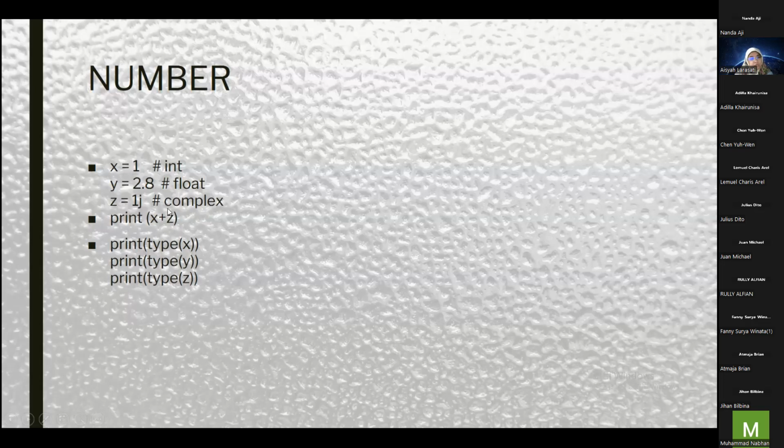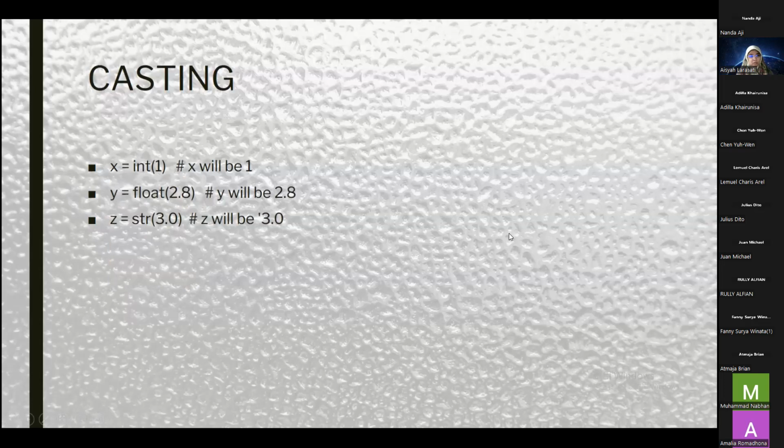So you can try. When you print type x, it will return integer. When you print type y, it will return float. And when you print type z, it will return complex. Of course, x plus z will also return complex, because complex is a much larger set that includes the real number set.